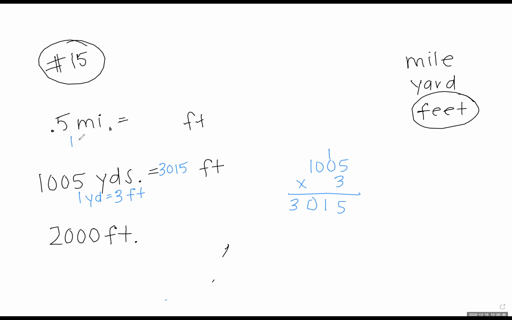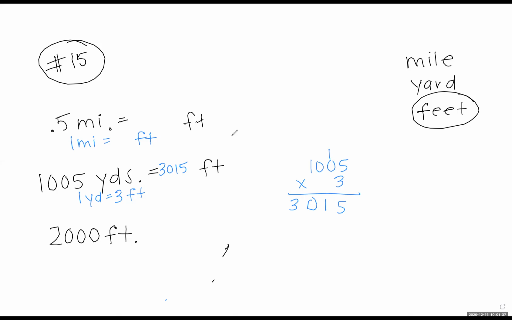Okay. Next, we have a half a mile is equal to how many feet? Well, how much is 1 mile? How many feet is in 1 mile? All right, so 1 mile, if you do not know, you can look in your Simple Solutions help pages. That is 5,280 feet.